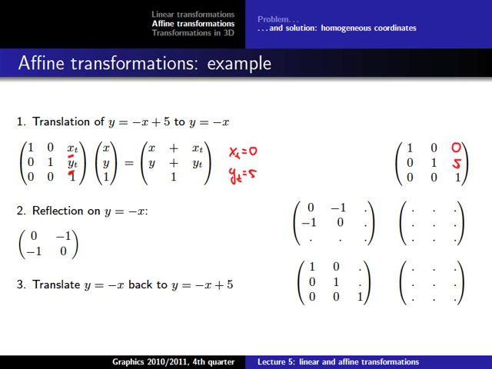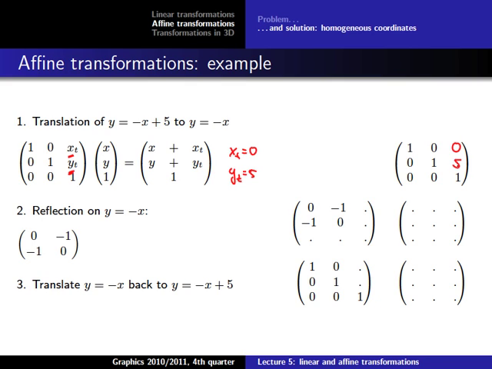Then we want to do the reflection, and we know from the 2D case from before, the reflection on y equals minus x. We had a different reflection case, but this is pretty similar: if we apply this, it basically swaps the x and y value and also changes the sign of it. So this is a reflection matrix along this line.